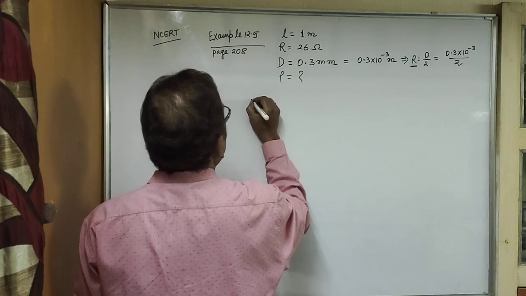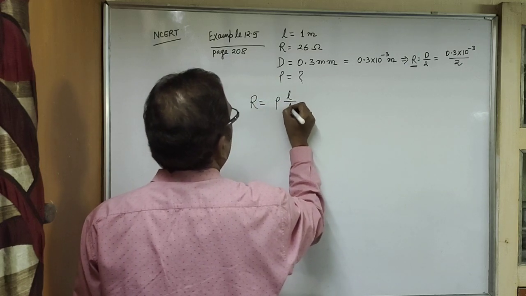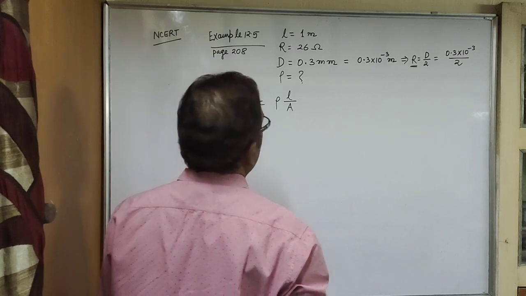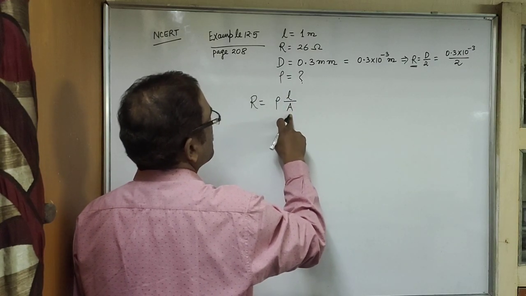Now we know the formula that R is equal to rho L by A. It means rho and L are in numerator and A is in denominator.